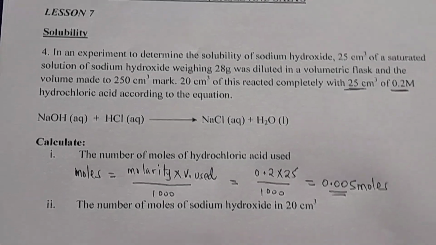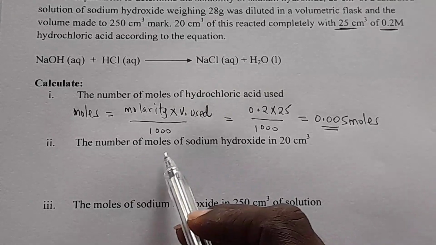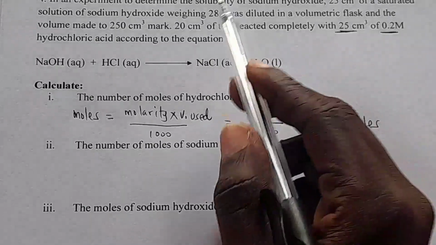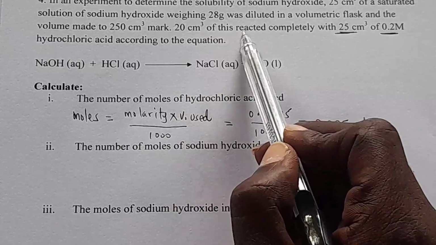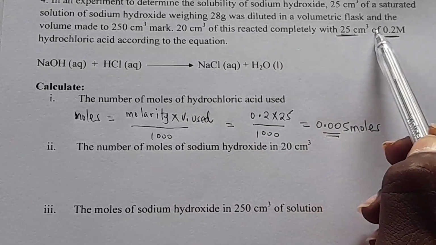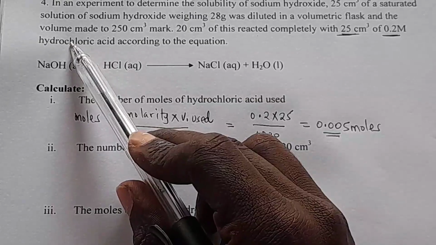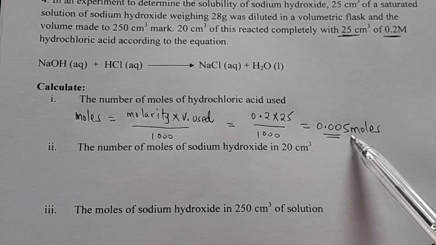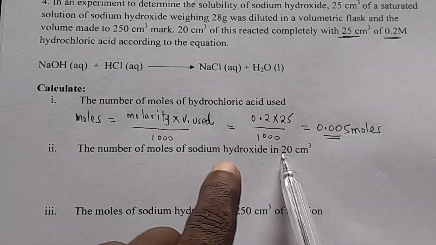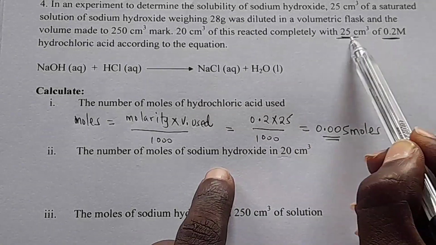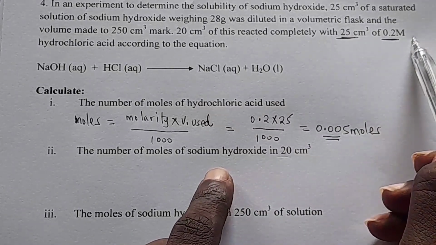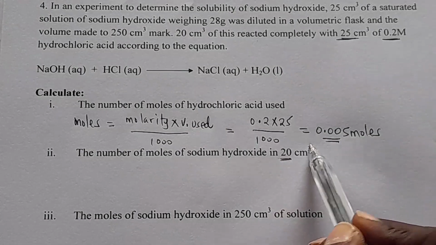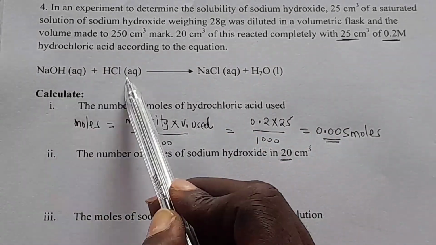Number of moles is gotten by molarity times volume used over 1000. Thereafter, in question 2, we are told to find the number of moles of sodium hydroxide in 20 centimeter cube. 20 centimeter cube of this reacted with 25 centimeter cube of 0.2 molar hydrochloric acid, and the number of moles of the acid we have already gotten as 0.005. That means we can get the number of moles of the sodium hydroxide in 20 centimeter cube by using the mole ratio from the given equation.